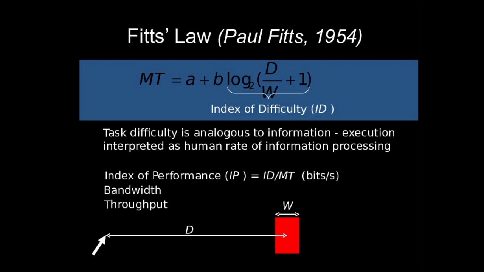Index of performance is a nice measure of how well the human is performing. Each one of us has a unique index of performance. It can also be used to compare many devices as far as this reaching task is concerned. So this law becomes very powerful, not only for studying this basic task of reaching, but also for comparing many input devices particularly.